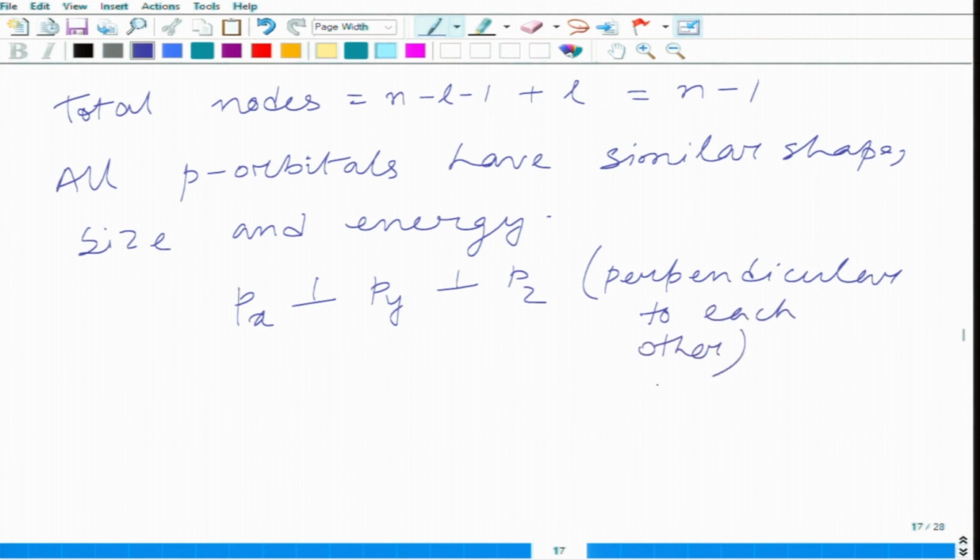Again, like s orbital, with an increase in the principal quantum number, the size of the p orbitals will increase. So, 2p is less than 3p, 3p is less than 4p, and so on.